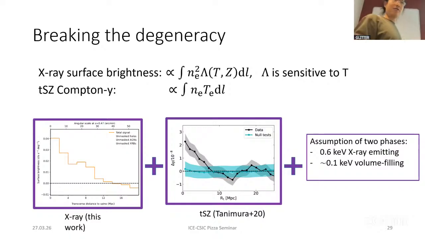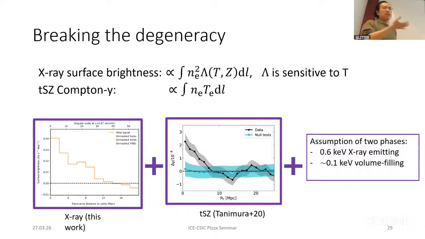And we take additional assumptions. We assume there are two populations of gas. One is the majority volume-filling gas, which is 10 to the 6 Kelvin, as suggested by the simulations. And one is hot, dense, but non-volume-filling gas, and we fix the temperature to what we got.